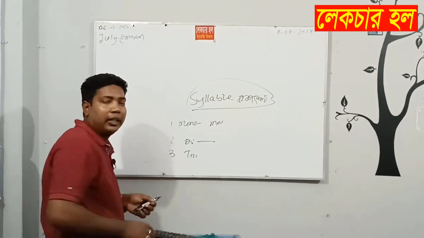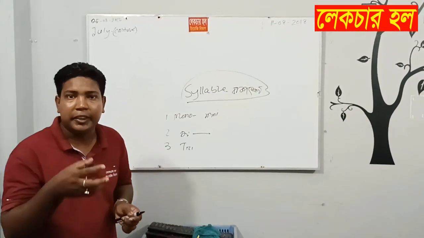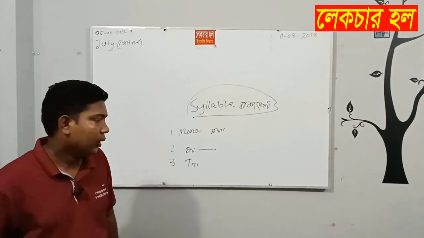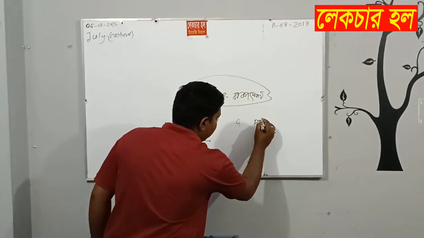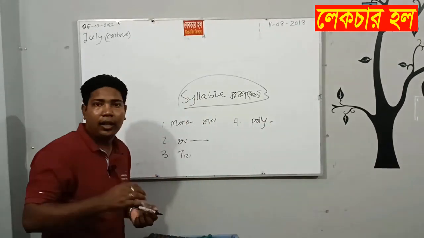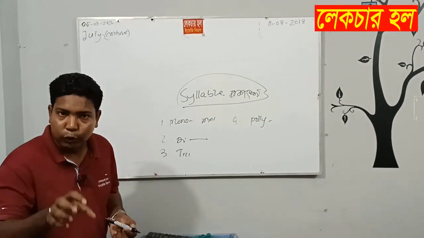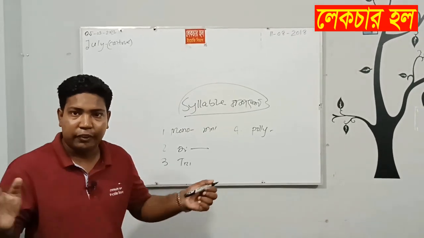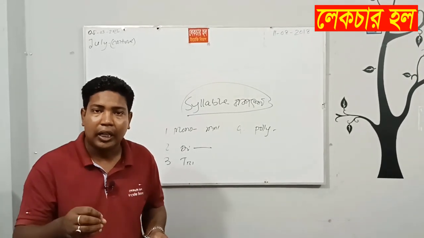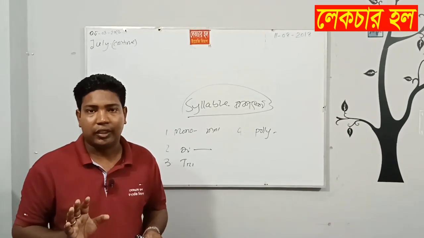It's trisyllable. Any large word, you divide it into three pronunciation sectors. Last one, number four, is called polysyllable. It's from 3, 4, 5, 6, 7, 8, 9, 10. If any word is very large, you divide it into more than 3 parts, it's called polysyllable.